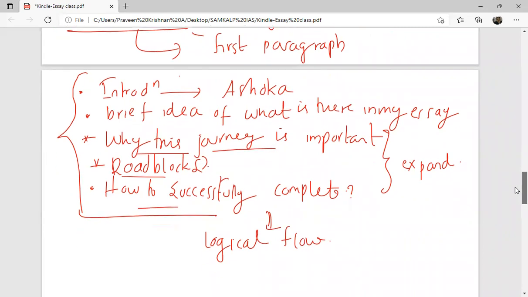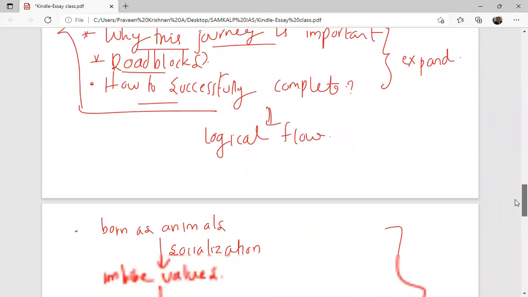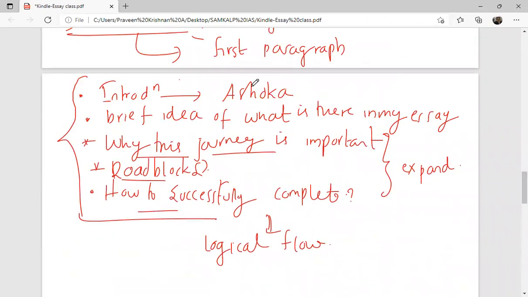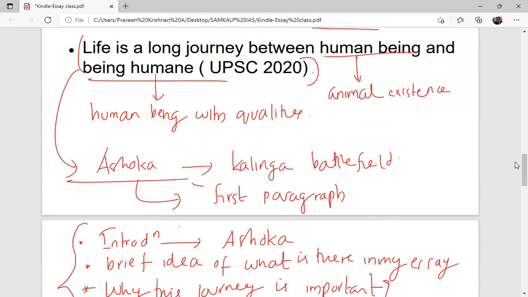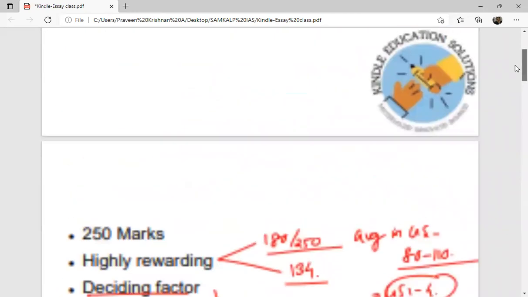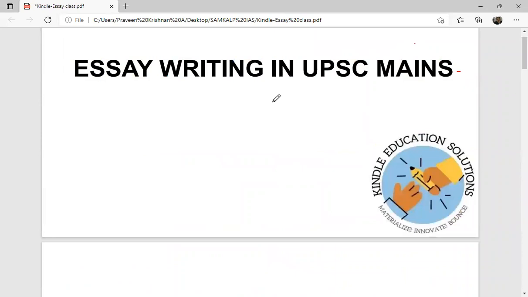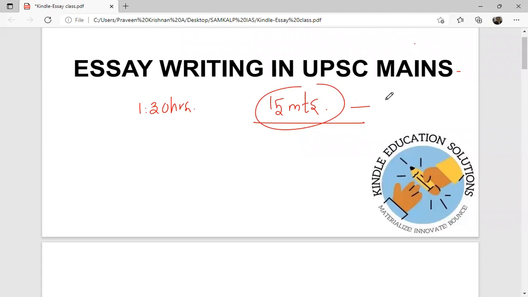Then I'm entering into the essay. Before that, I took 5 or 10 minutes. Before writing an essay, you can take 15 minutes for planning. Your actual time is 1 hour 30 minutes for writing an essay, of which 15 minutes will have to be used for planning.